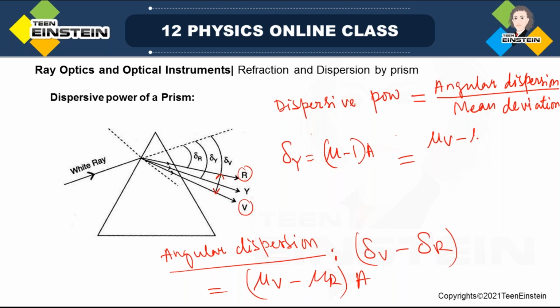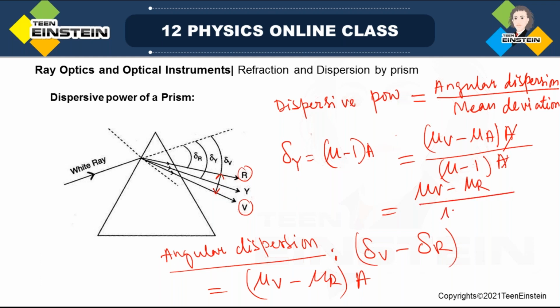If we put these things, we have got angular dispersion mu V minus mu R into A, and mean deviation mu minus 1 into A. If we strike out A, we get mu V minus mu R divided by mu minus 1.